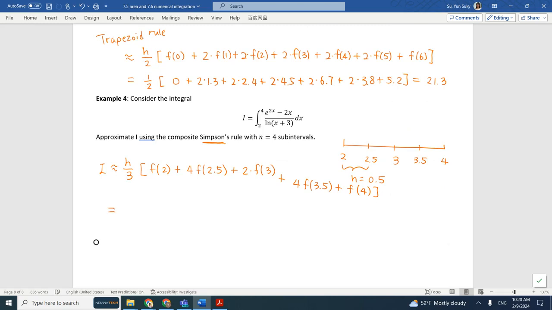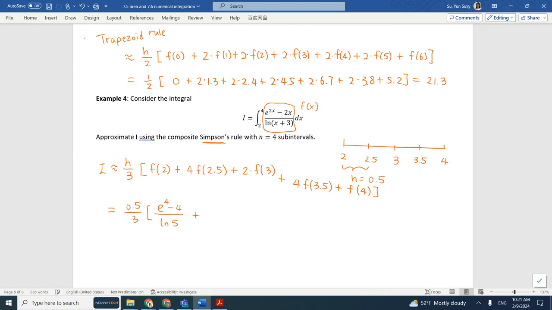Okay. So we plug in. H is 0.5 over 3. This is our function f. F of 2 is e to the, what's 2 times 2? 4. Minus 2 times 2, 4. Over ln, what's 2 plus 3? 5.